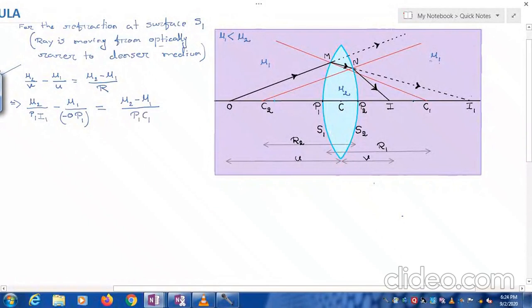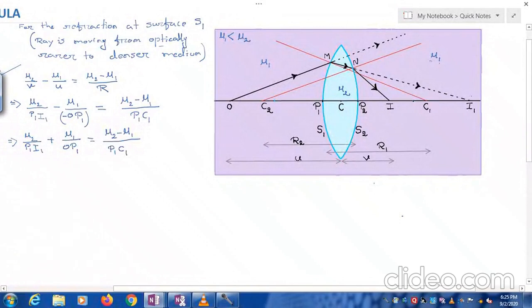Now let us write it as mu2 divided by P1I1 plus mu1 divided by OP1 is equal to mu2 minus mu1 divided by P1C1.